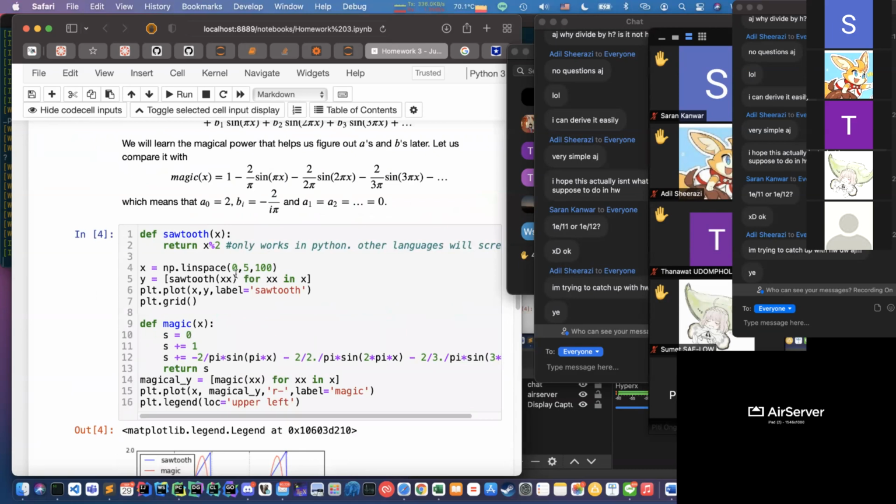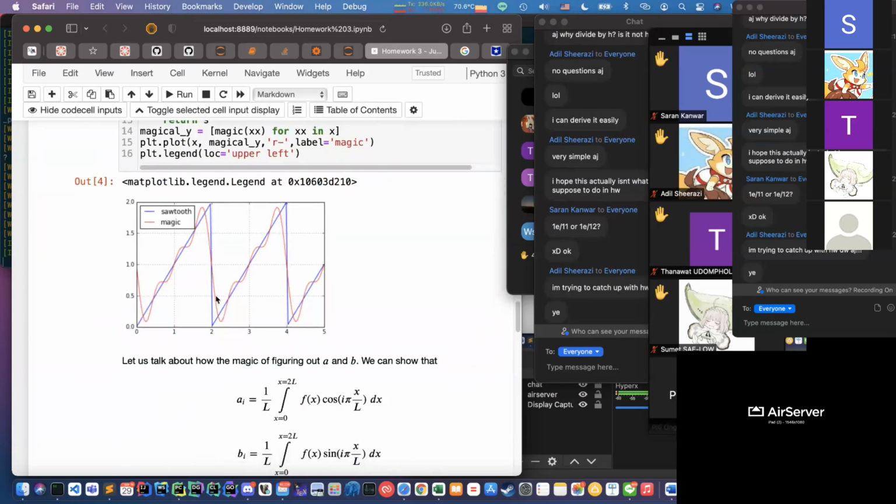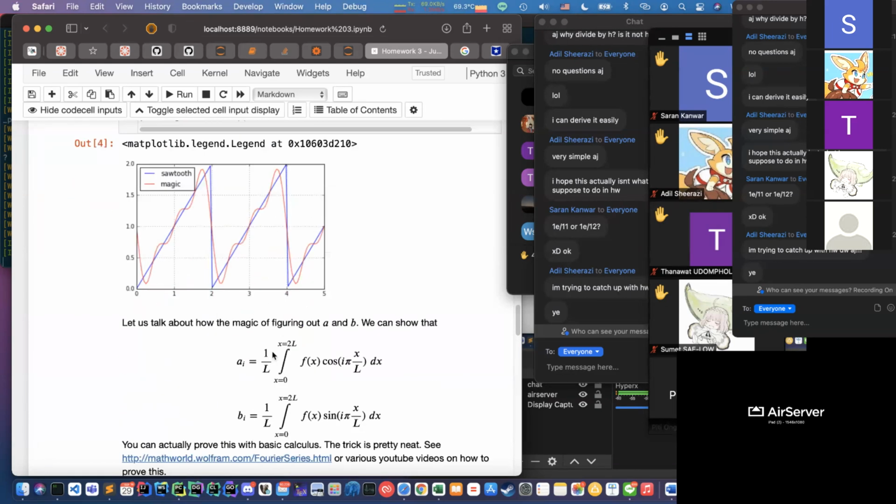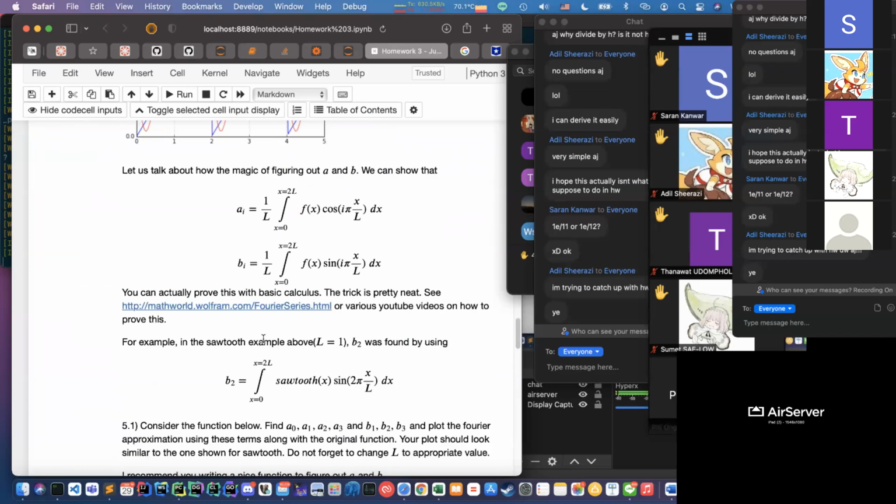You're gonna learn about something called Fourier series. It's very close to Taylor series, except it's called Fourier because it claims that every periodic function you can approximate with a whole bunch of sines and cosines. And I tell you exactly how to find all the coefficients.